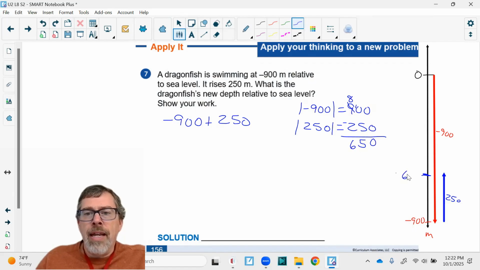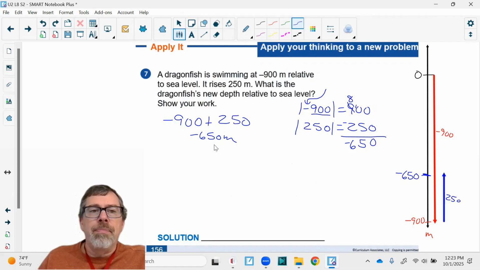So this is 650. Well, I did the absolute value, but the rule states that once you're done, you take the sign of the bigger number, which was negative, so your answer will also be negative. So swimming up 250 meters from where it was would put it at 650 meters below sea level.